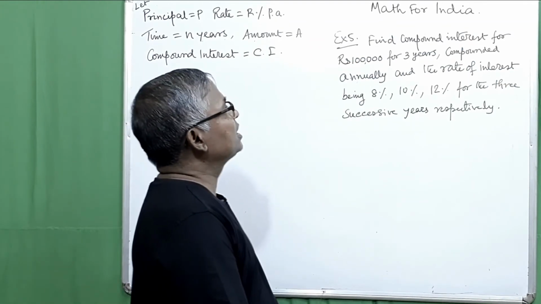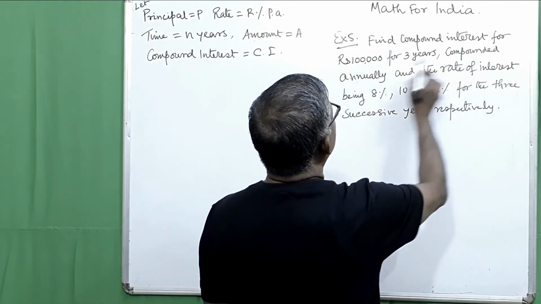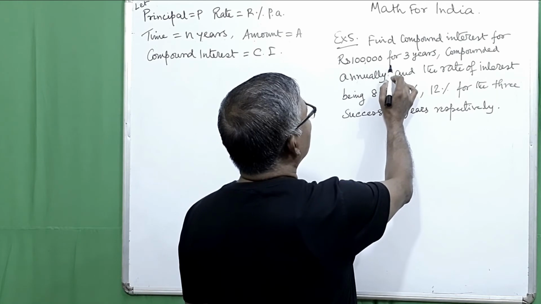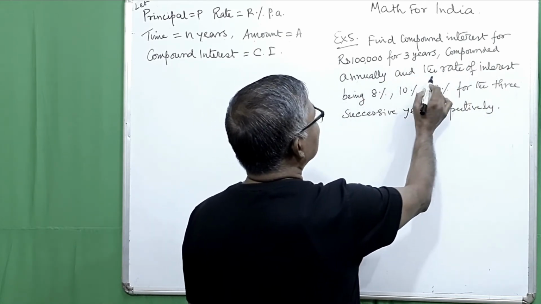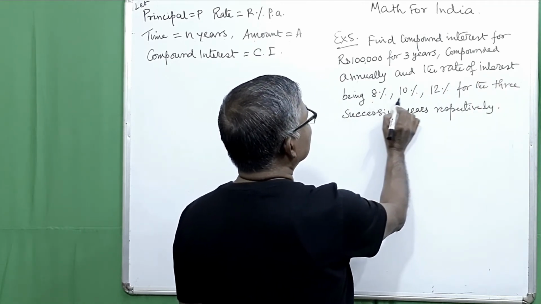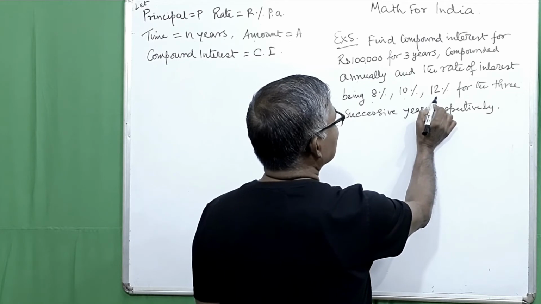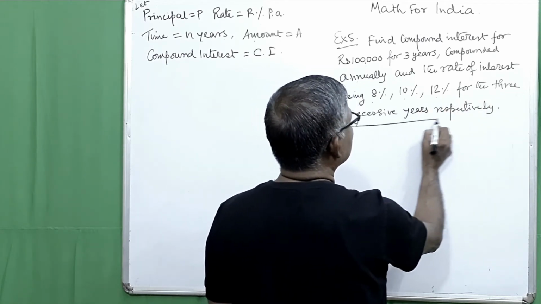Students, let us consider the problem. Find compound interest for rupees 1 lakh for 3 years, compounded annually, the rate of interest being 8%, 10% and 12% for the 3 successive years respectively.